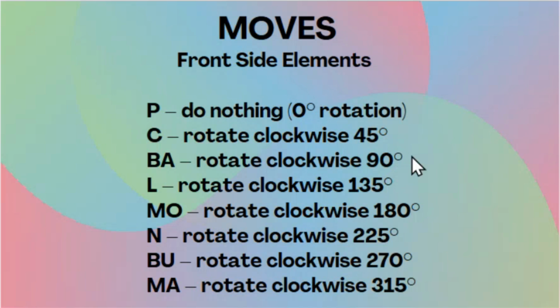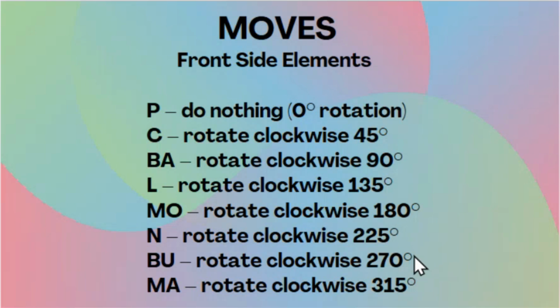For BA, we need to rotate it clockwise 90 degrees. For L, we need to rotate it clockwise 135 degrees. For MO, we need to rotate it clockwise 180 degrees. And for N, we need to rotate it clockwise 225 degrees.